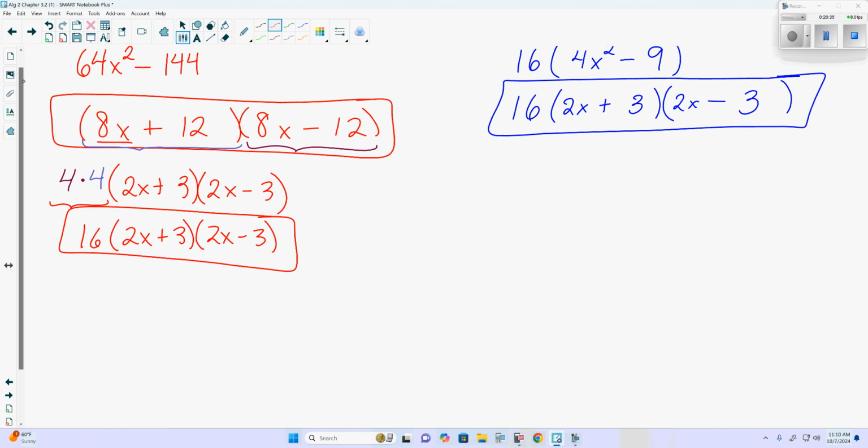Does that make sense? Yes, sir. What's the greatest common factor between 8x and 12? What number will go into both 8x and 12? Higher.